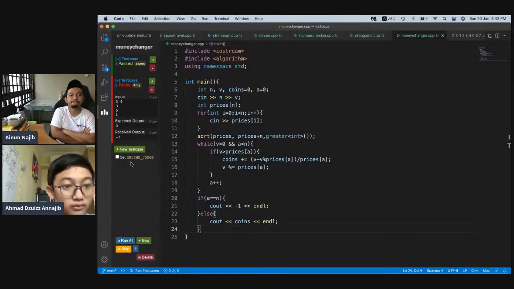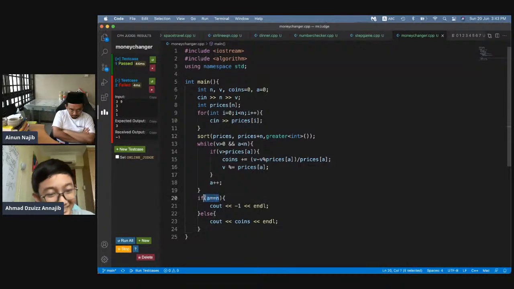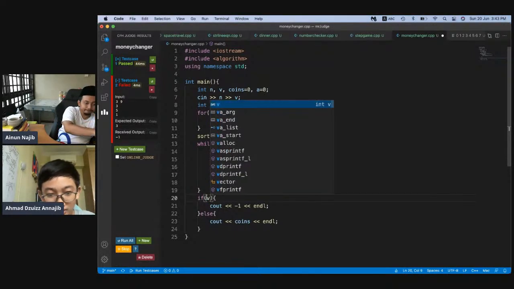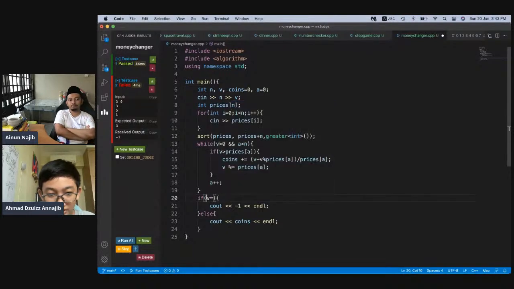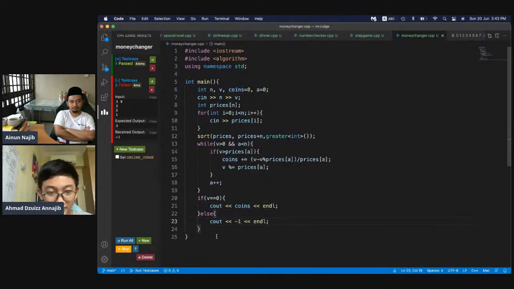That's 1. Oh, okay. Let's see. If V is 0, we add coins. Else minus 1.